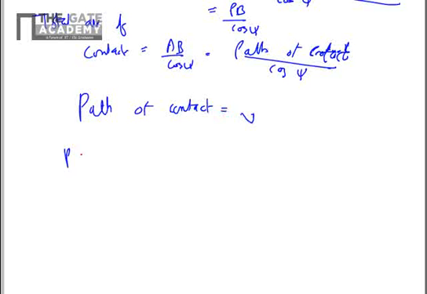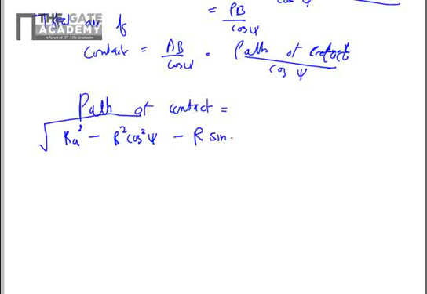So path of contact was, it's a big formula, so I'll start writing here. Capital RA square minus R square cos square xi, minus R sin xi, plus small RA square minus small r square cos square xi, minus small r sin xi.